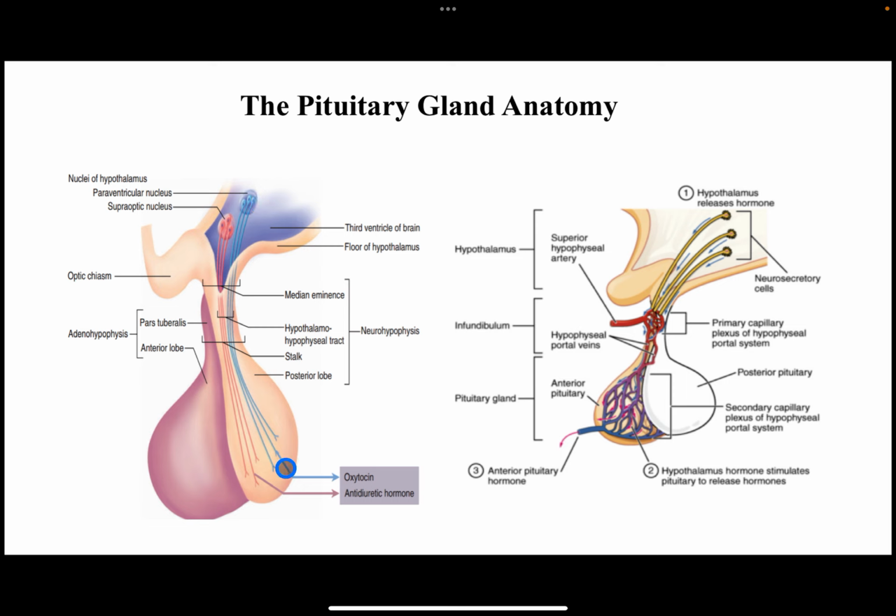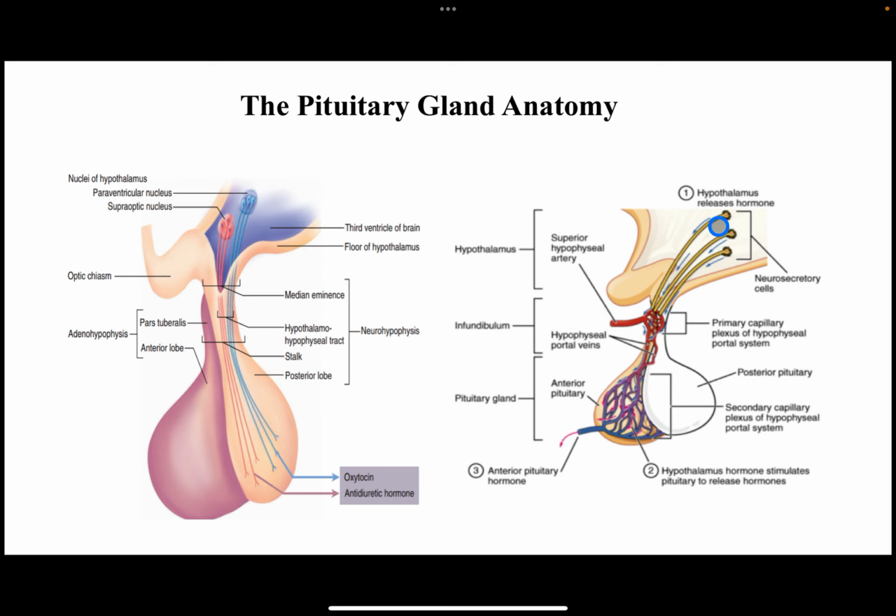So here it is. This is the posterior pituitary gland, and this is the anterior pituitary gland. You could see that there is a nerve fiber over here.